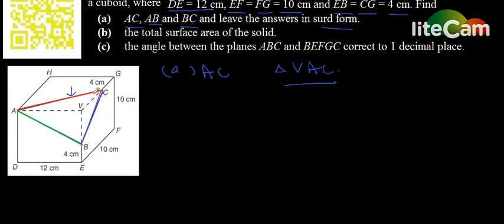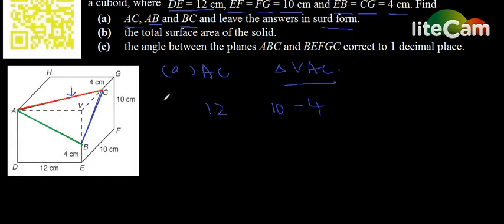The triangle VAC, and here we can see for the line AV, it is 12 cm. And for the line VC, it is 10 cm minus 4 cm because the whole line VG is 10 cm. And we need to find the VC, so here it is 10 cm minus 4 cm.